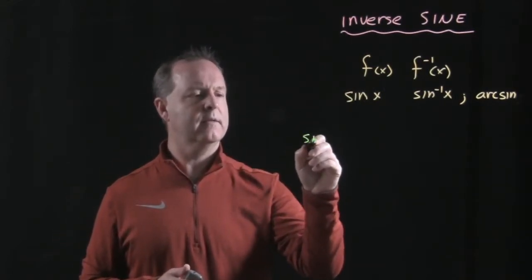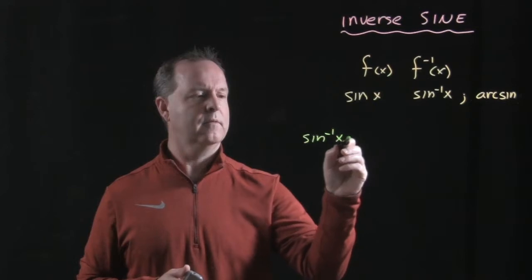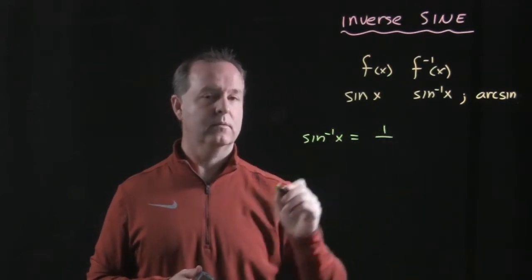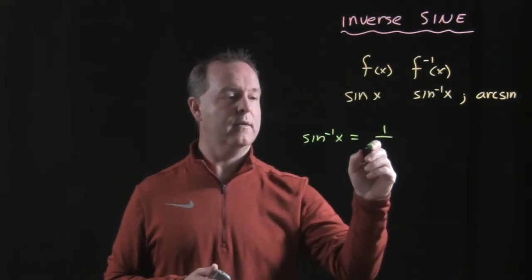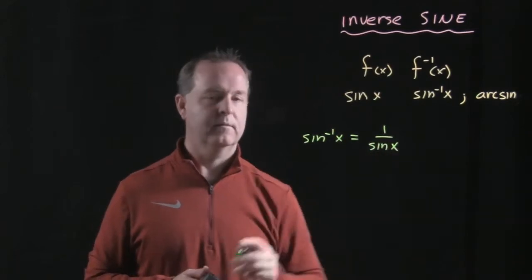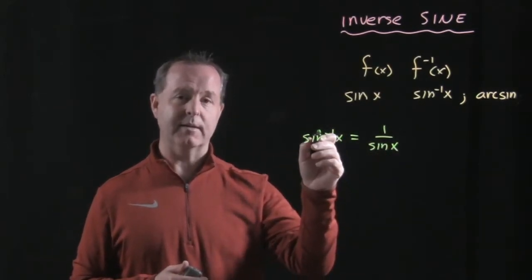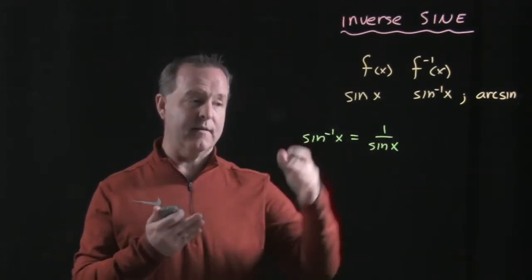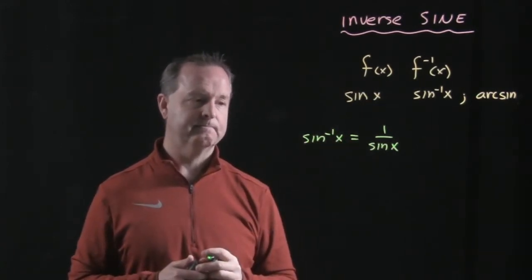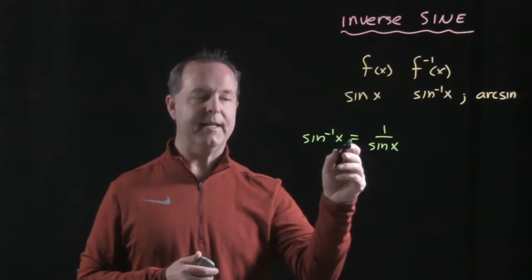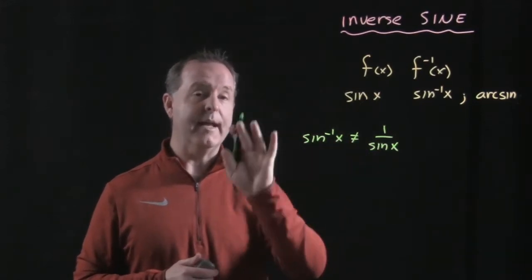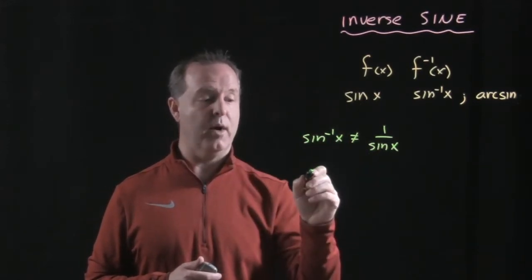It's also an idea to remember this. Does this equal 1 over sine of x? Is it a reciprocal? Because remember, when we have a negative in the exponent, we're able to make it positive by flipping it down into the bottom. But no, that's not the case for this particular one. It would be if it was written this way.